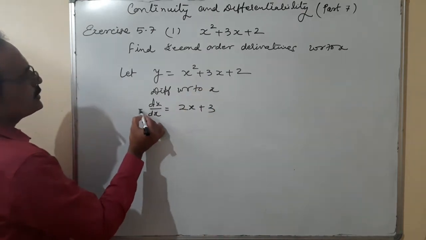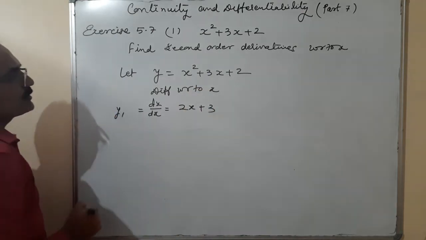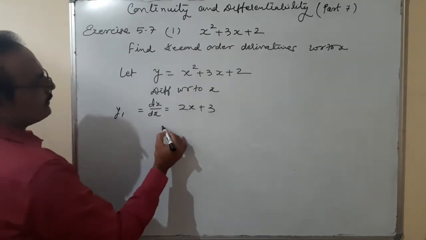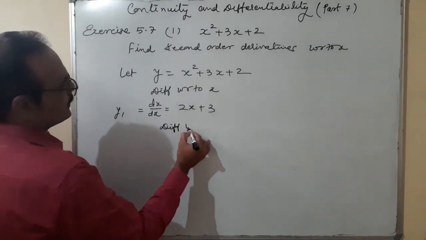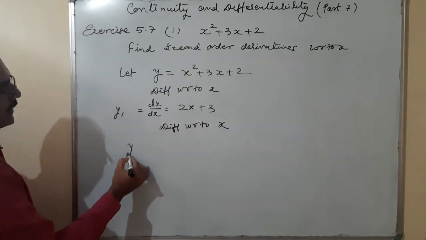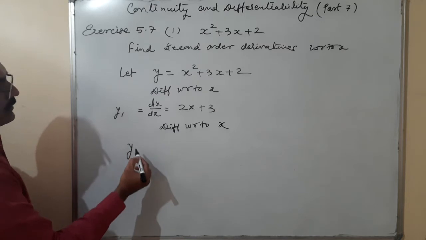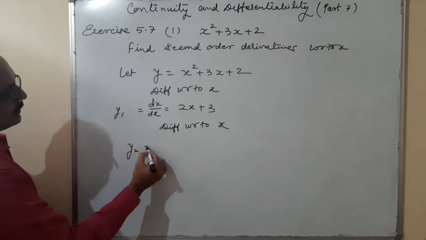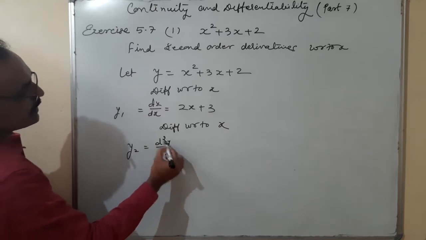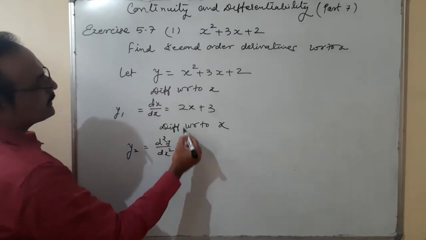This dy by dx we can also write as y1, or f dash x. Again, differentiate with respect to x. This term is y2, which is d2y by dx square, or d square y by dx square.